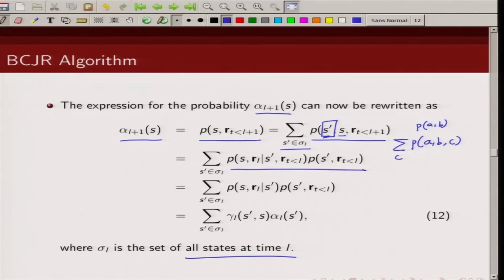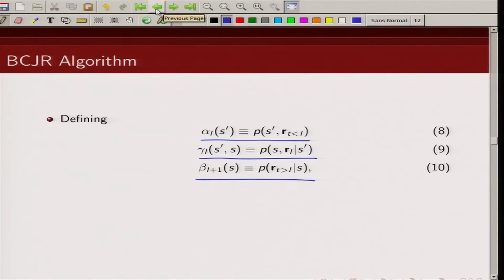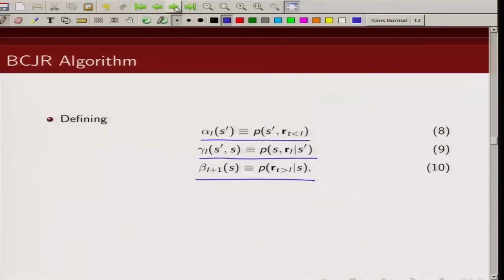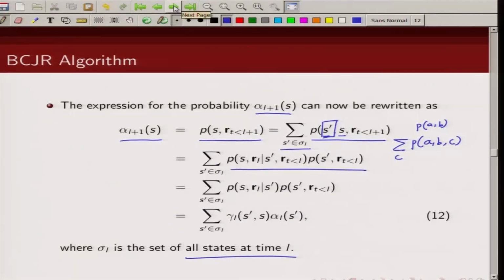This follows exactly the same procedure which we followed here. When we wrote this, we are basically using Bayes rule. Using Bayes rule, I can write this probability as a product of these two probabilities. Now, again, the probability of s and R L given s prime and the received sequence at times t less than L: if you know the previous state s prime, you do not need this information.